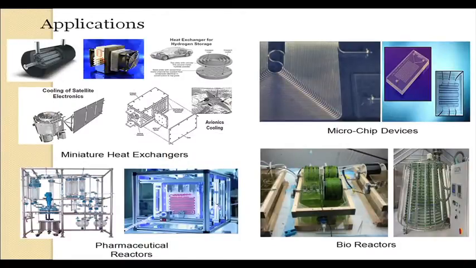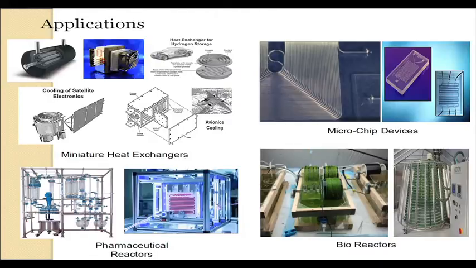So, apart from microreactors, there are also a large number of other applications of miniaturized systems. For example, in compact heat exchangers, nowadays we find that there has been a thrust of excessive cooling, now that we have gone to these miniaturized systems.